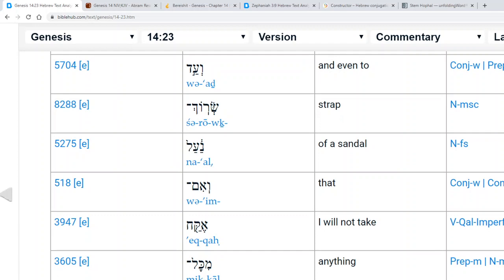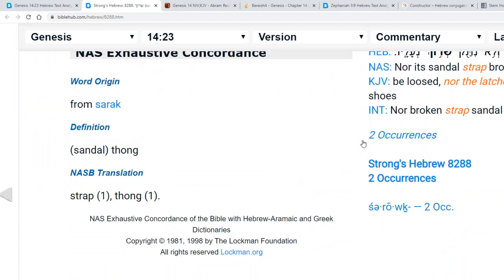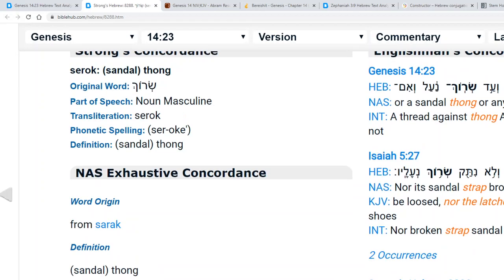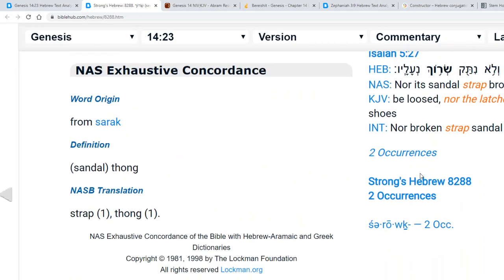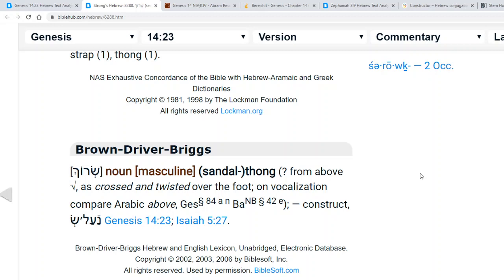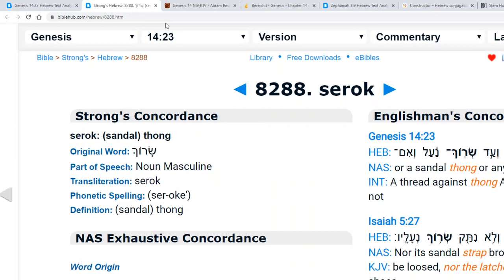Sroch, not a very common root, I don't think. It only shows up twice, and the other time it also talks about a sandal strap, so both times. Not sure where it comes from. Okay. Well, it shows up in Isaiah also.